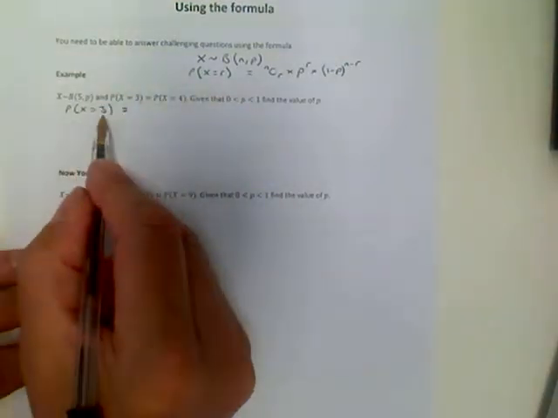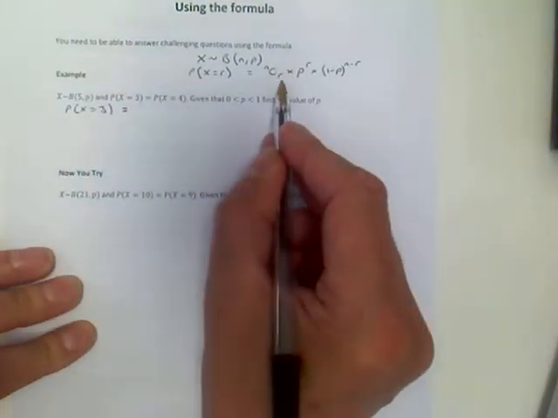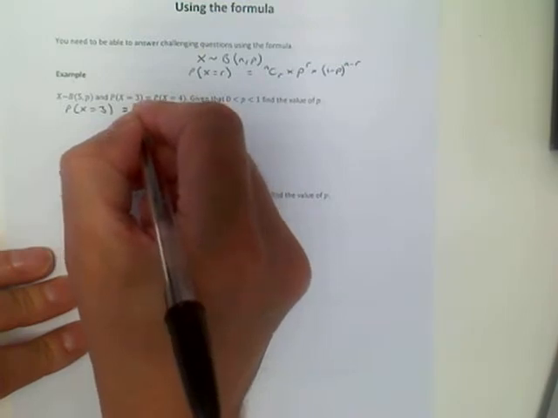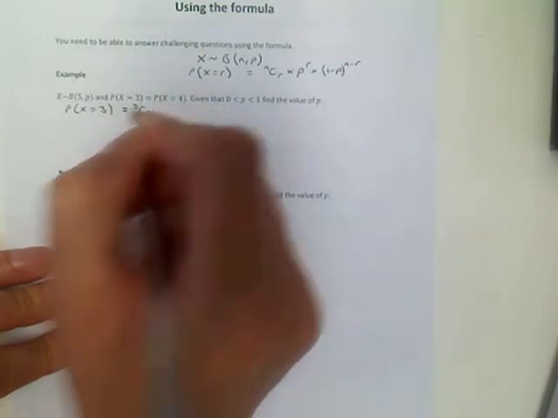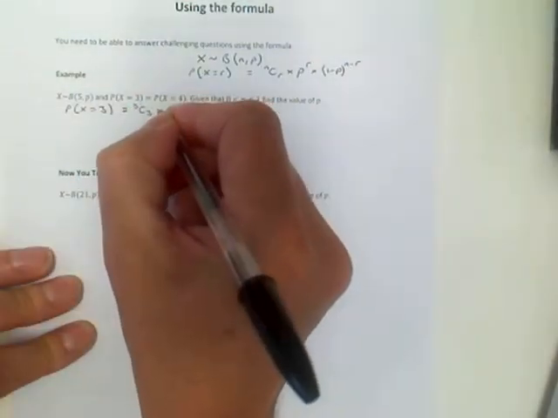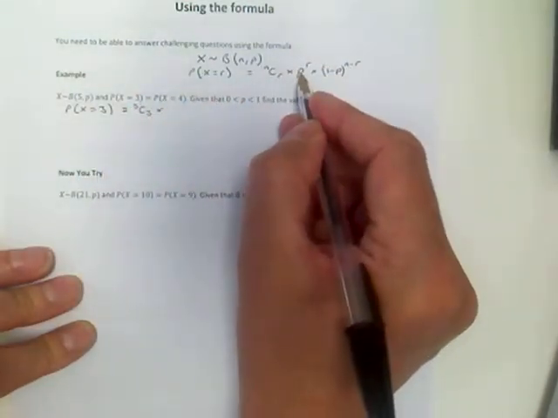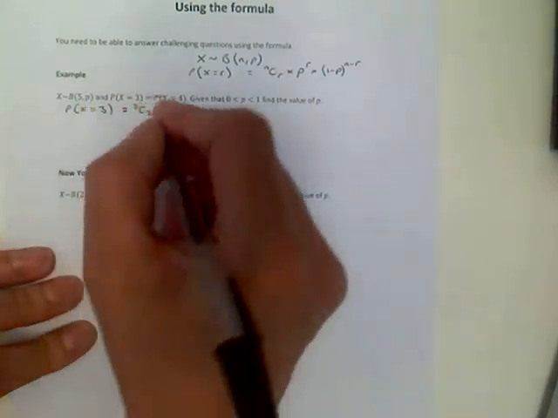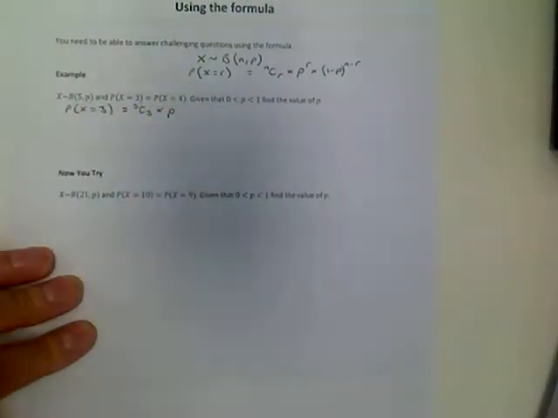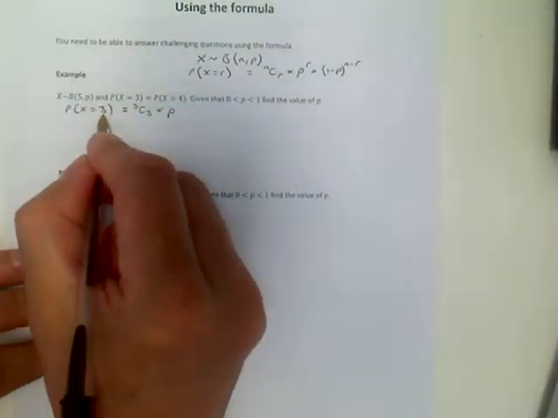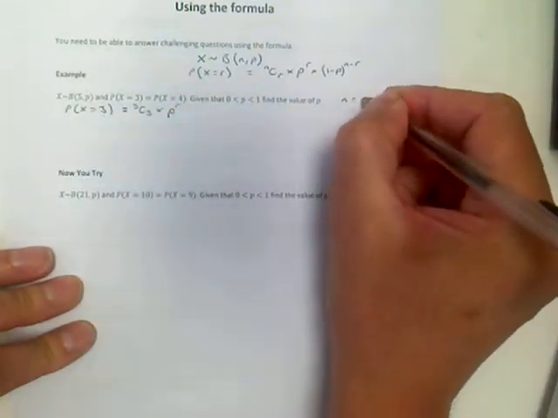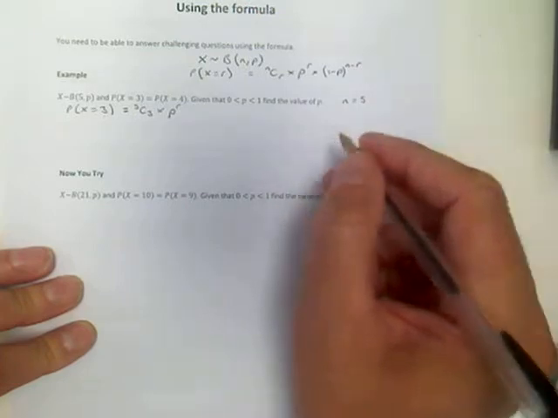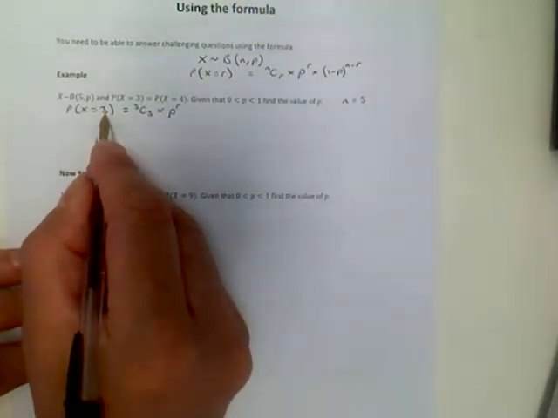So the probability of x being equal to 3, using my formula here, is 5C3 multiplied by the probability, which I don't know, to the power of r. Don't forget, in this case my n is going to be equal to 5, isn't it? And here my r is 3.